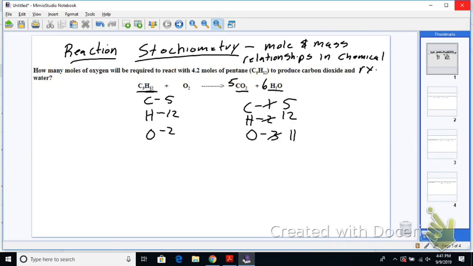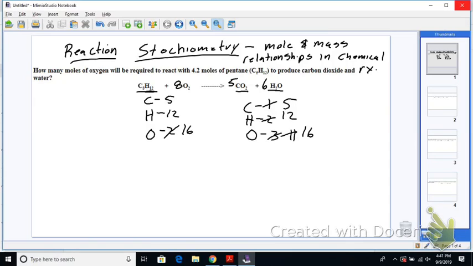I've got 10 oxygens in CO2, and I've got 6 oxygens in H2O, which is a total of 16. So I've got 16 on the right side. On the left side, I just have to put an 8 in front of O2, and that makes it 2 times 8 is 16. So now they're balanced out.